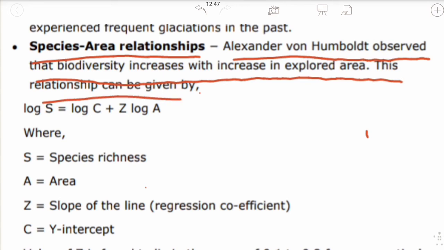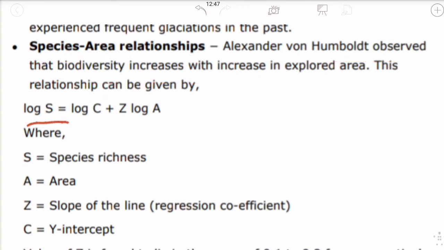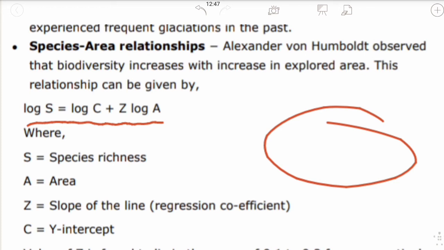This relationship is given by log S = log C + Z log A. On a logarithmic scale, the relationship is a straight line.